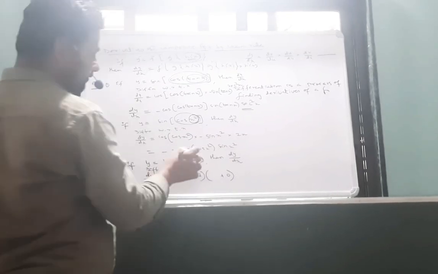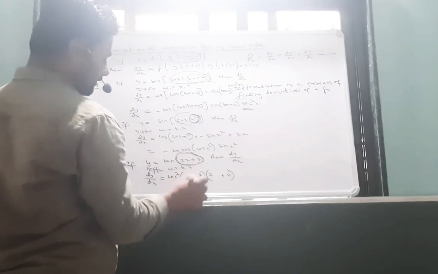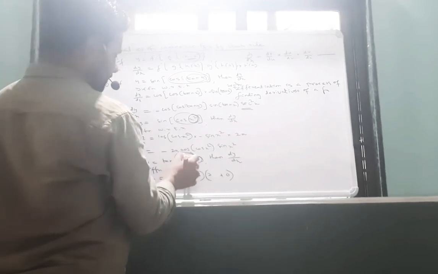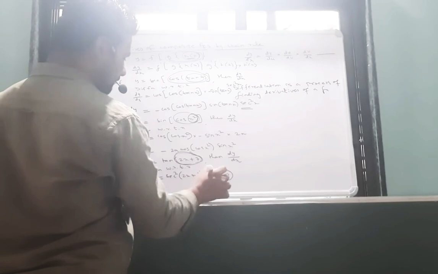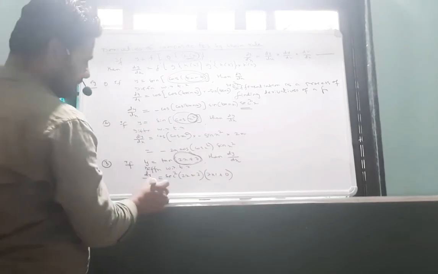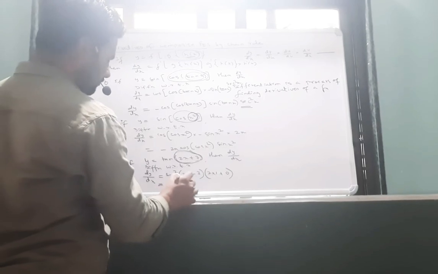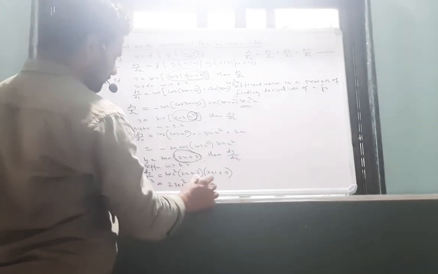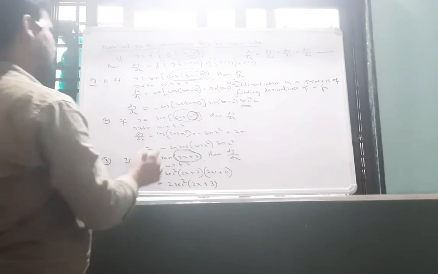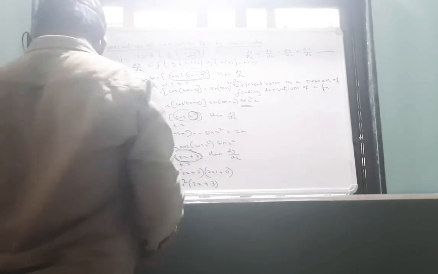To find the derivative of 2x, take 2 outside, the constant we keep outside, and the derivative of x with respect to x is 1. So we get 2 ones are 2, plus 0, which is 2. So the answer is 2 secant square of 2x plus 3. This is the derivative of y with respect to x.